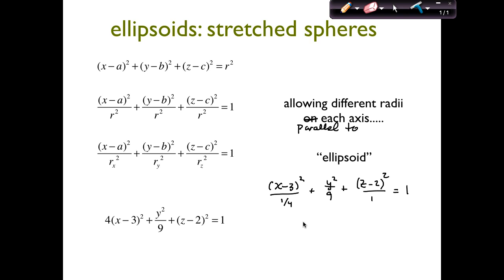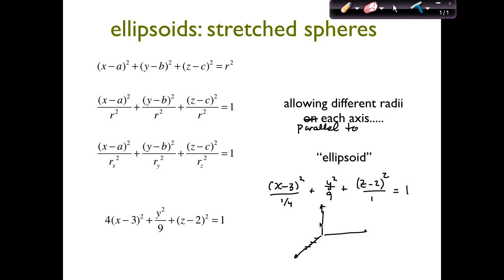Well, that's moving which direction in R3? Forward, right? Out towards you guys. So now rather than the center being 0, it's out 3 here. And in that direction, the radius is 1/2, so we can go forward and back 1/2.